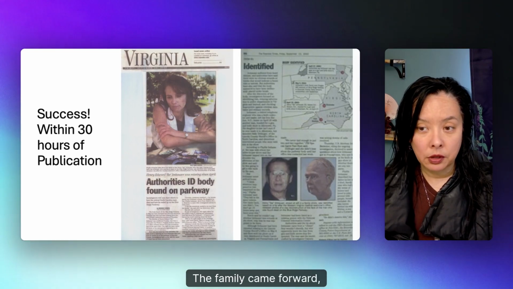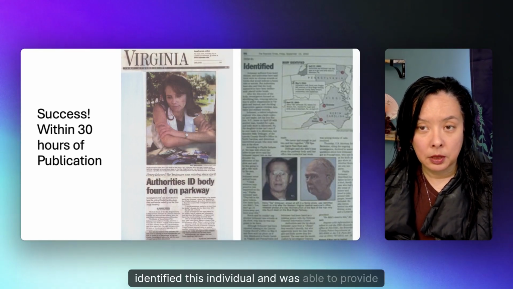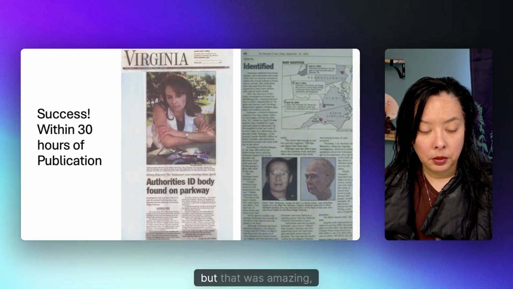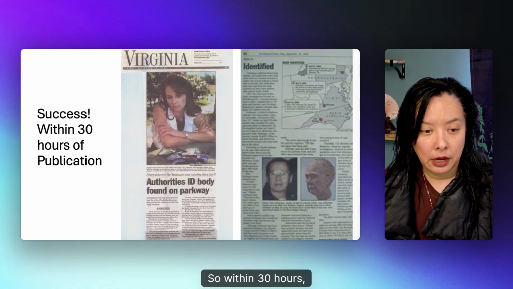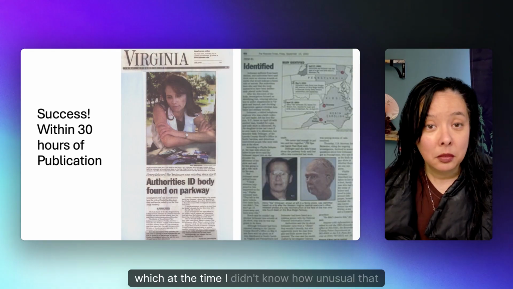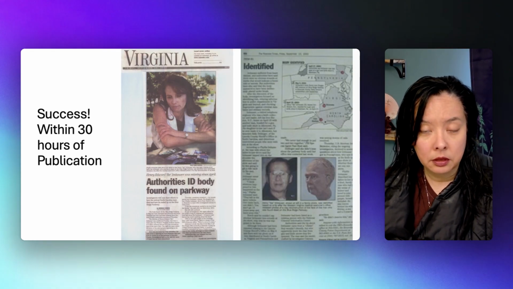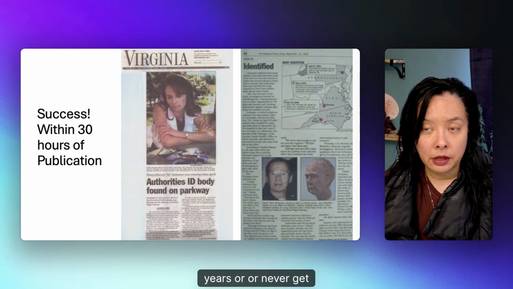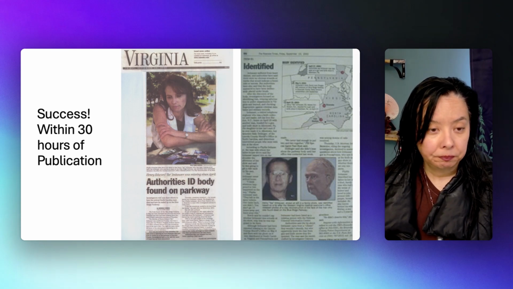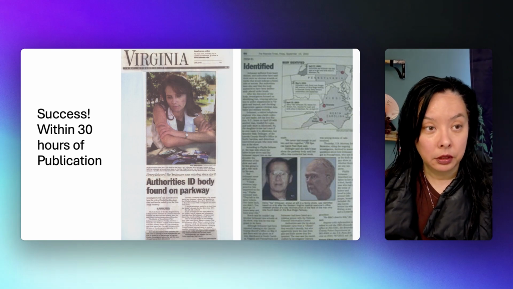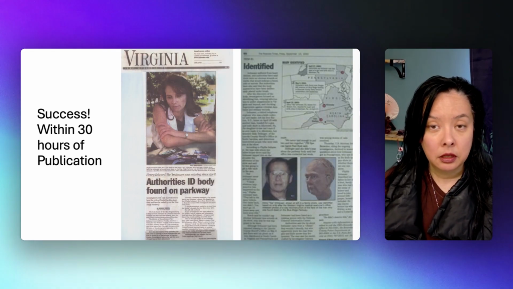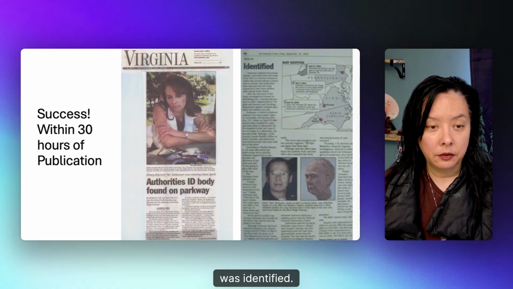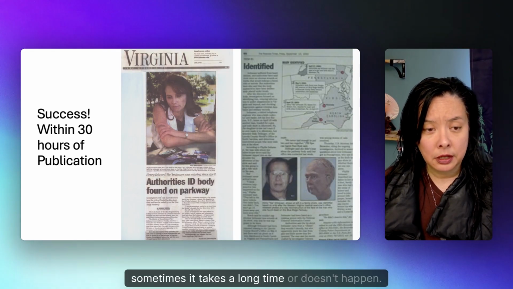The family came forward, identified this individual, and was able to provide information to make sure it was him. But that was amazing, right? So within 30 hours, which at the time I didn't know how unusual that was. Oftentimes cases go on for months, years, or never get identified. I've had cases where, decades later, I'll find out that an individual that I worked on was identified, but sometimes it takes a long time or doesn't happen.